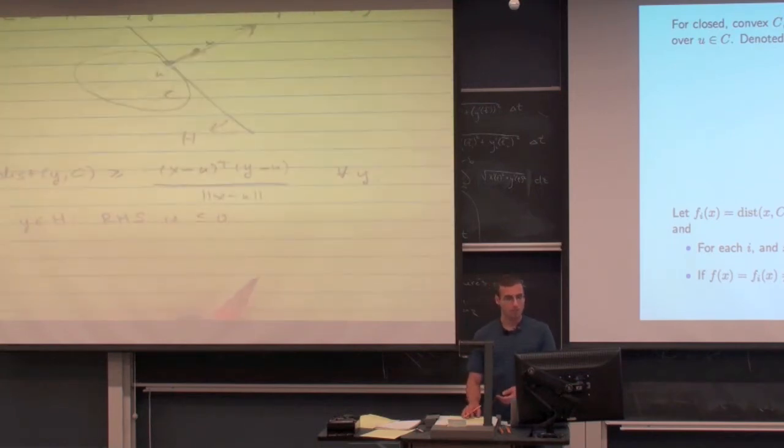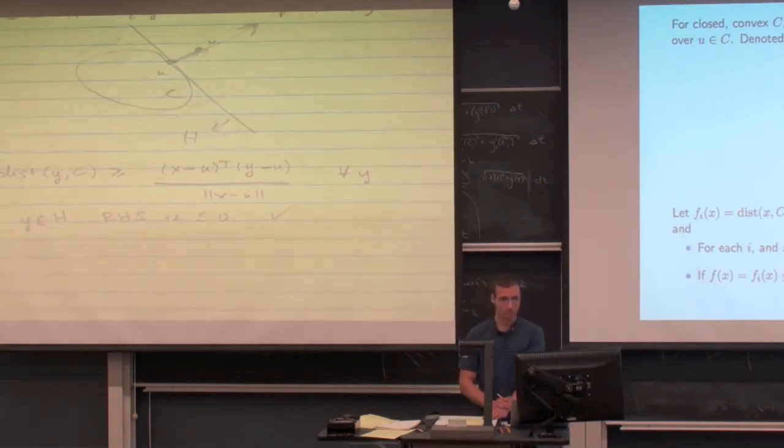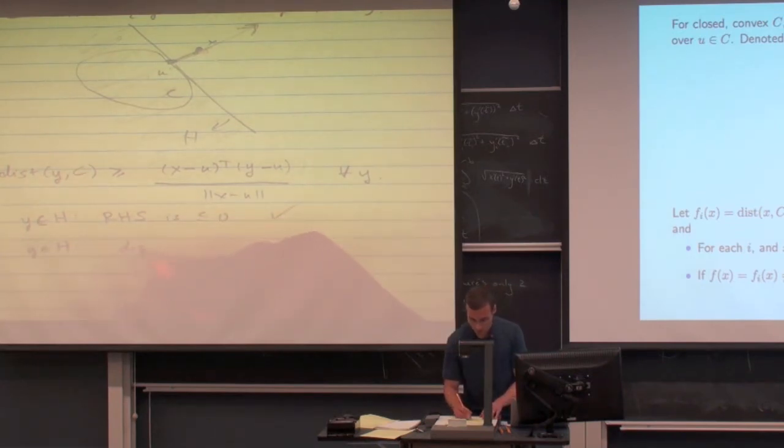Okay, so this is what we're trying to prove right now, because this is going to basically tell us that what I'd written down is actually a subgradient of the distance function. And we've just said that for y in H, we're good. Let's say y not in H. So for y not in H, I claim that this is actually equal to the distance.